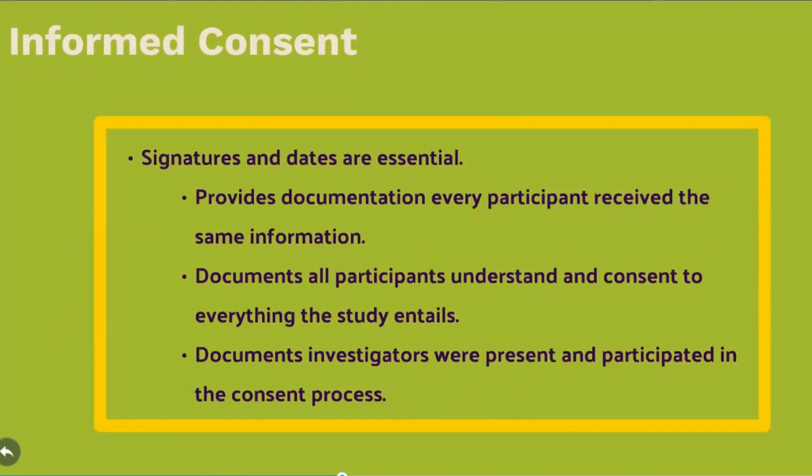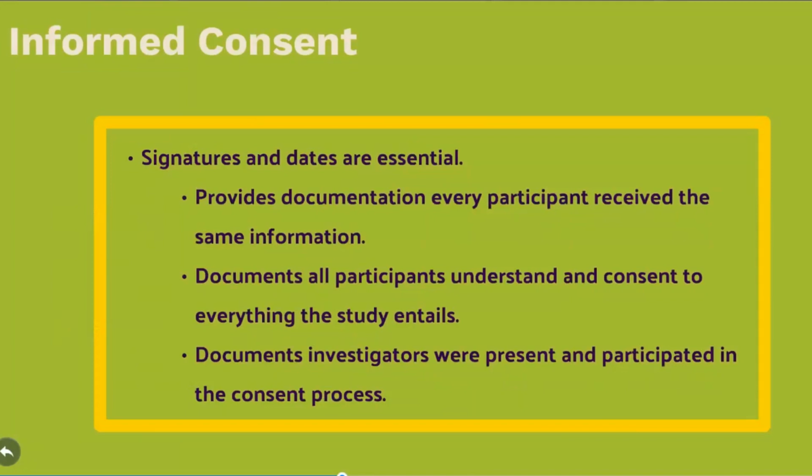When we go out, we almost always see that the participant has signed the form, which is great. But the investigator is also supposed to sign that informed consent form as well. A lot of times we don't see the investigator who went through the process with them sign it. Sometimes the investigator does sign, but they don't date.